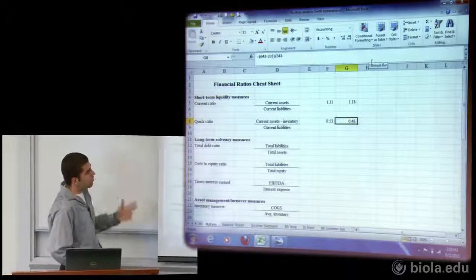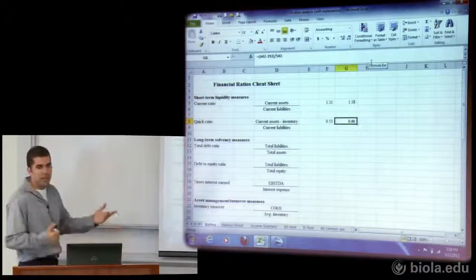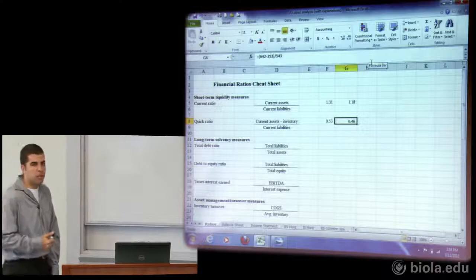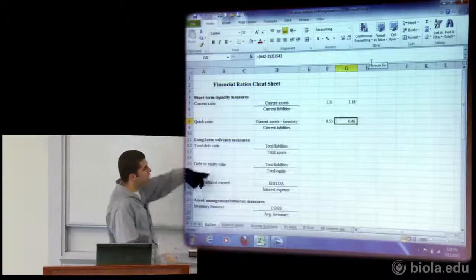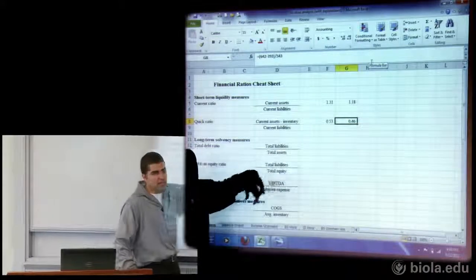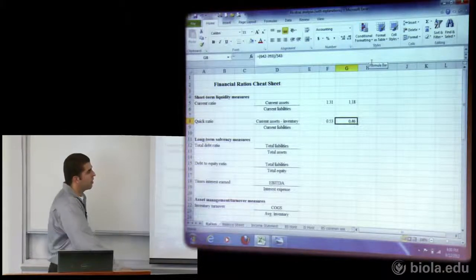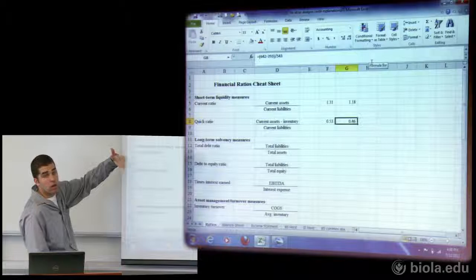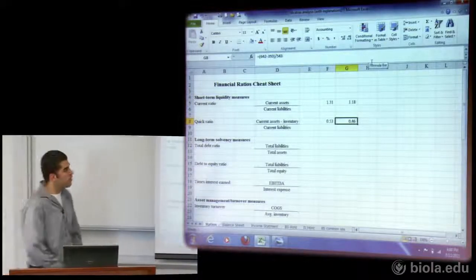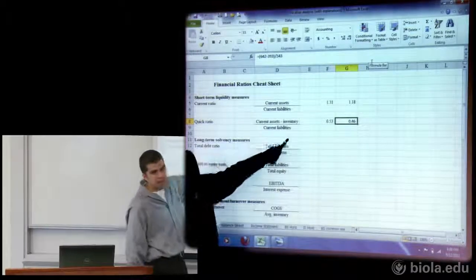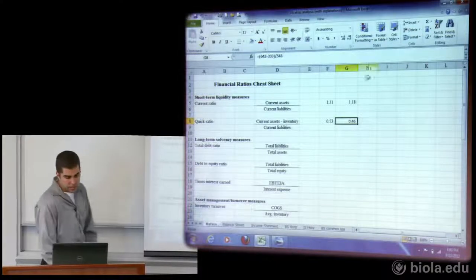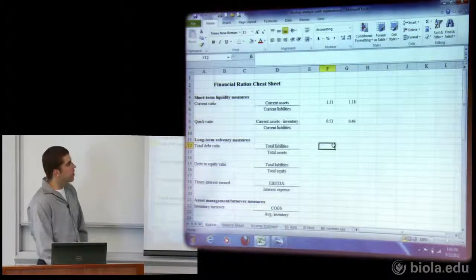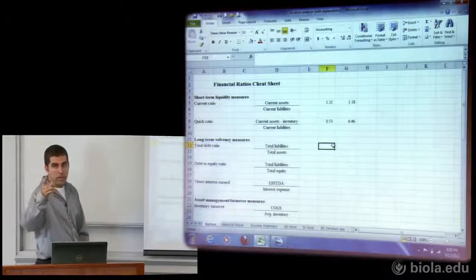But we don't necessarily need a number that's above 1. Anywhere between 0.5 and 1 is probably good because inventory a lot of times is a big component of a lot of businesses' operations. It's quick because what assets could we sell quickly in order to pay our debts? Inventory sometimes takes a little bit longer, and so sometimes this ratio is used as well. Okay, we good there?